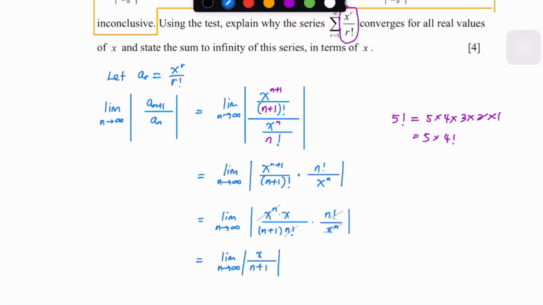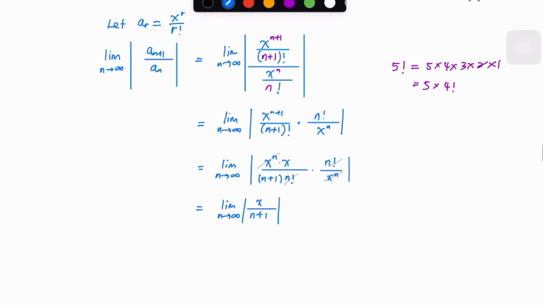The one that goes to infinity is not x, but it is n+1. The 0 is correct. So technically speaking, we can bring the x out. You can skip this step if you want. Then this would be x times 0, which equals 0.